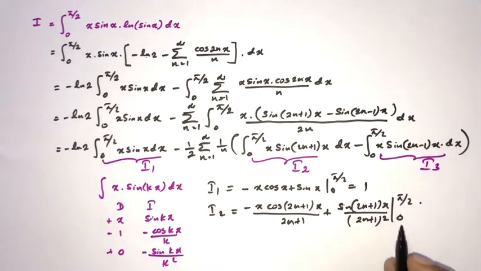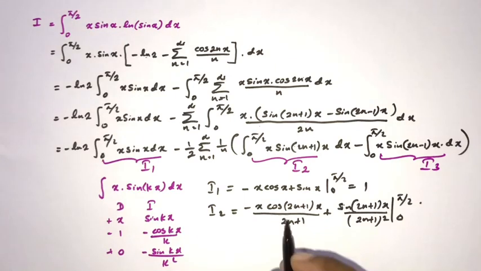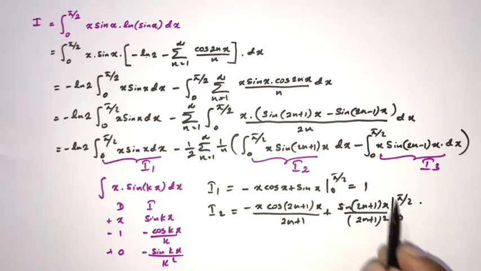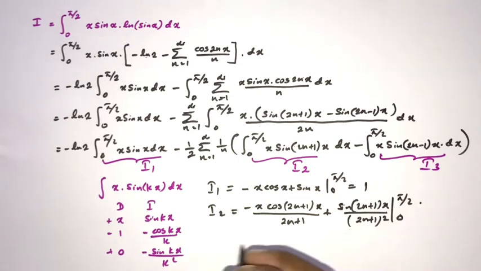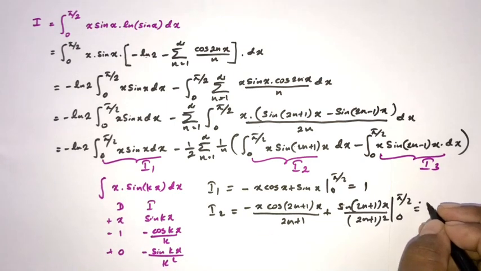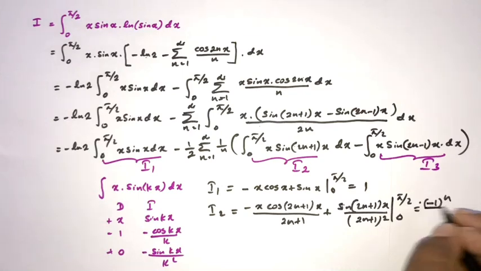If we apply the limits, this part will be 0, and sine of (2n plus 1) times pi over 2 is cosine of n pi, which is minus 1 to the n, so we have minus 1 to the n over (2n plus 1) squared.